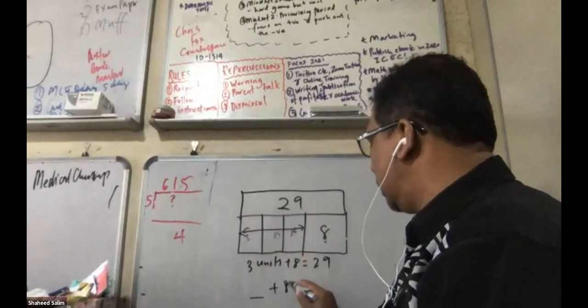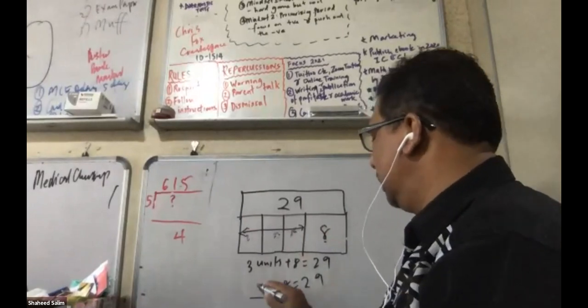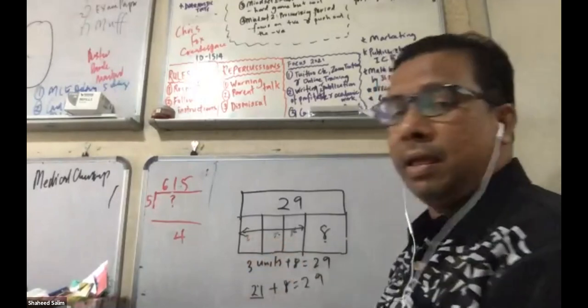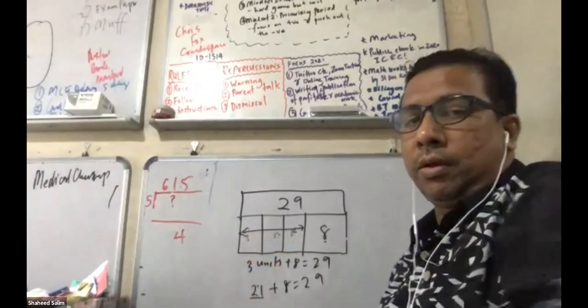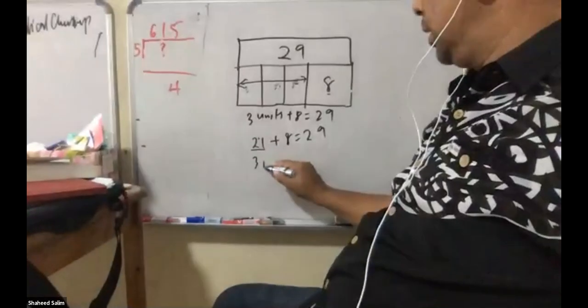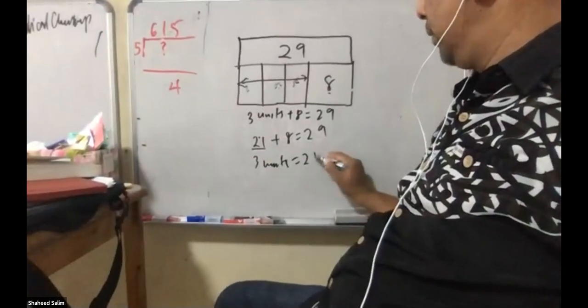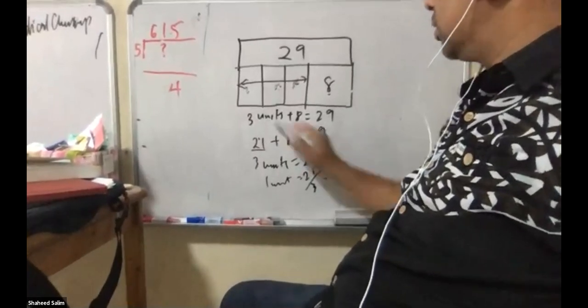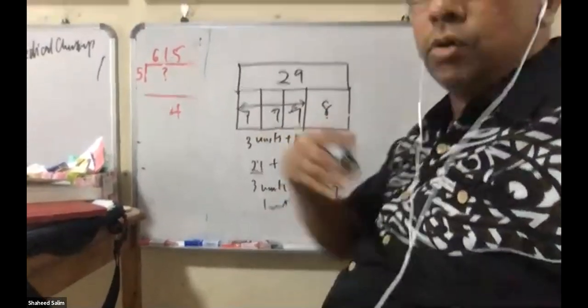Blank plus 8 equals 29. How much, Shaheed? 29 minus 8 is 21, right? Down here, this 3 units is 21. Correct? So 3 units is 21, 1 unit is 21 divided by 3, which is 7. So this is 7, 7. Now you can do already.